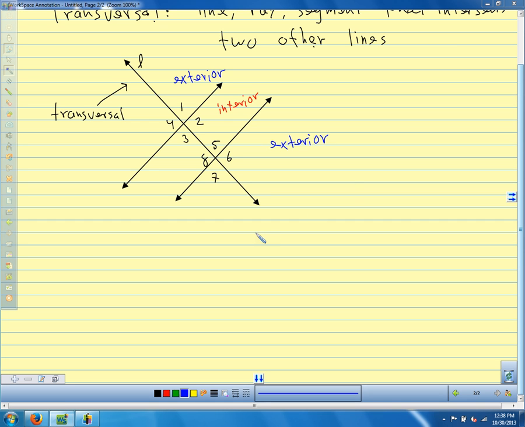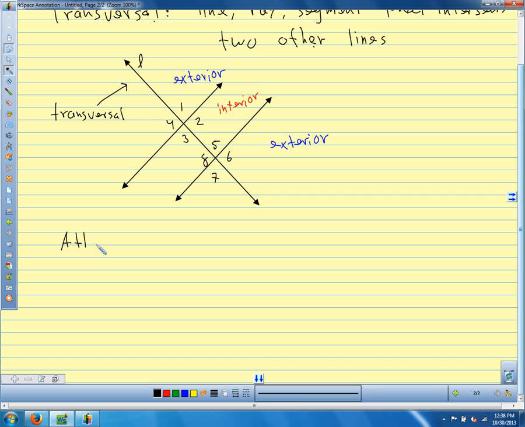So starting in the upper left corner, it says alternate interior. Interior means we're between the two lines. Alternate means they're on opposite sides of the transversal. So alternate interior angles in your upper left-hand box means they are between the parallel lines and on opposite sides of the transversal.